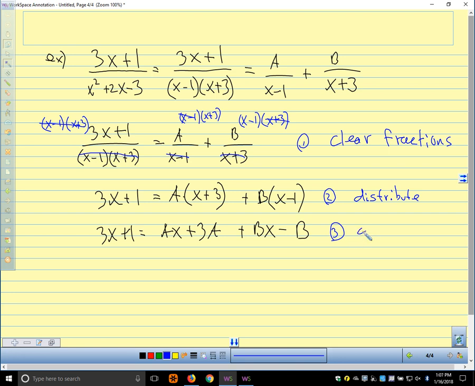Now I'm going to collect like terms. So I'm going to say 3x + 1 equals ax + bx + 3a - b. So all the things with x's together, all the things with no variables together. If I had x squareds, I'd have all the things with x squareds together. Same with x cubed.